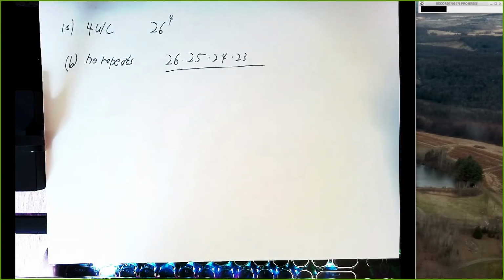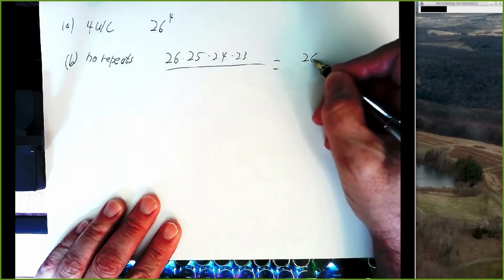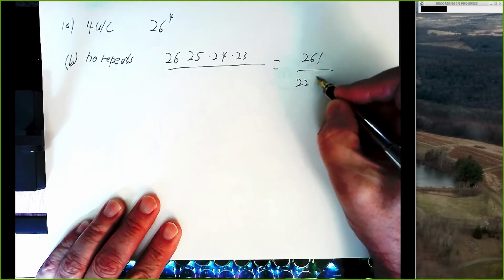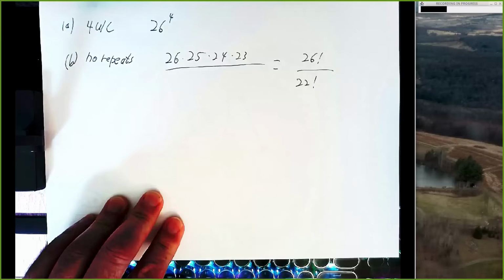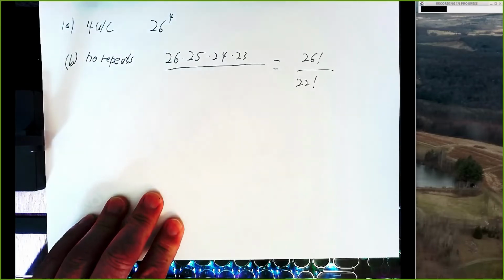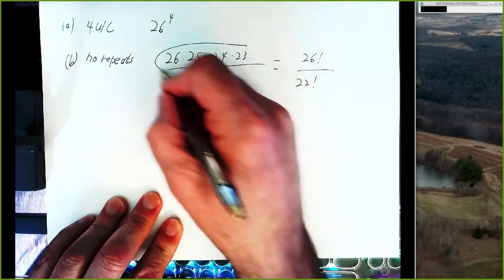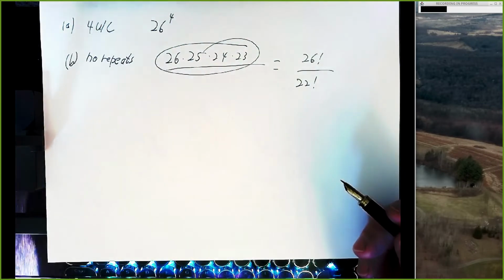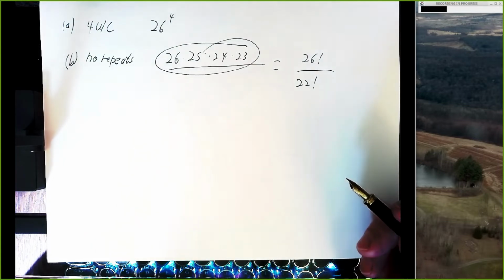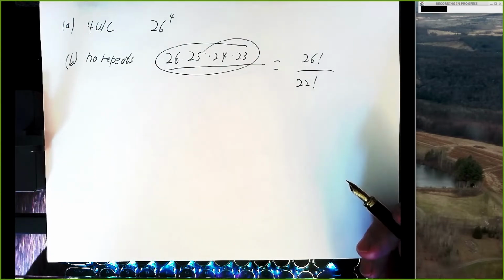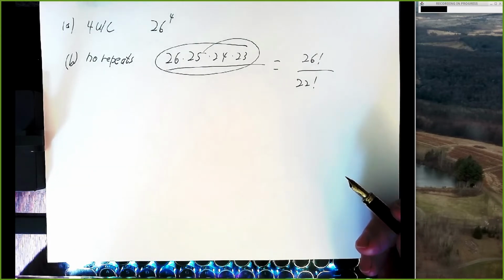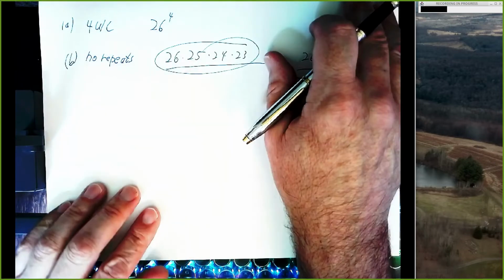It's going to be 26 factorial over 22 factorial, not times 4 factorial. But you can do this with just a straight product rule and think of it in terms of subtasks.